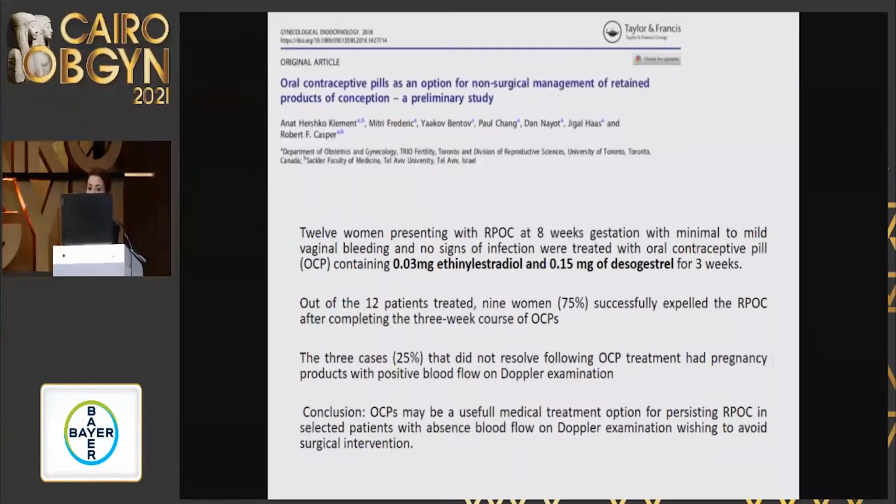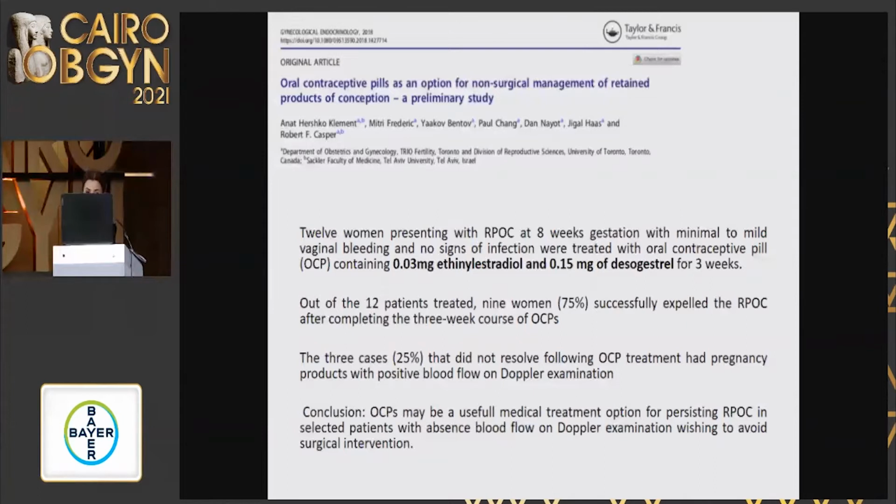It was used in early gestation, 8 weeks, with minimal to mild vaginal bleeding and no sign of infection. The pill was given for 3 weeks. Of 11 patients treated, 9 women, 65%, successfully expelled the retained product of conception.